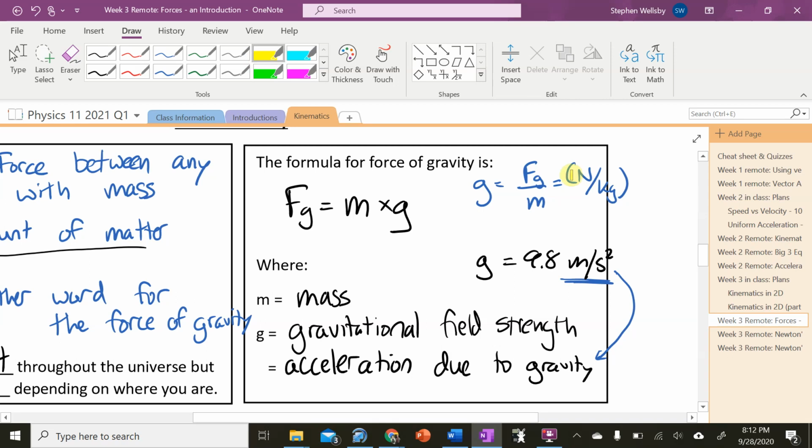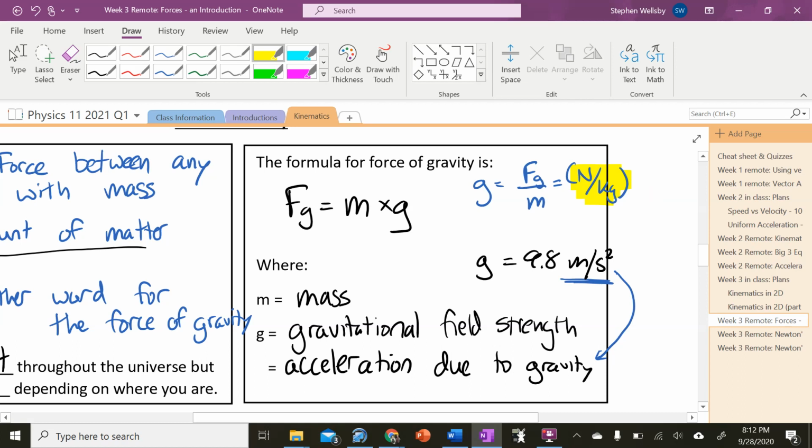So newtons per kilogram is another perfectly valid way of describing what g is. And what this tells us is that for every kilogram of mass, there's going to be a gravitational force of 9.8 newtons acting on it when we're close to the surface of the Earth. So just another way of looking at that. It's the same thing.